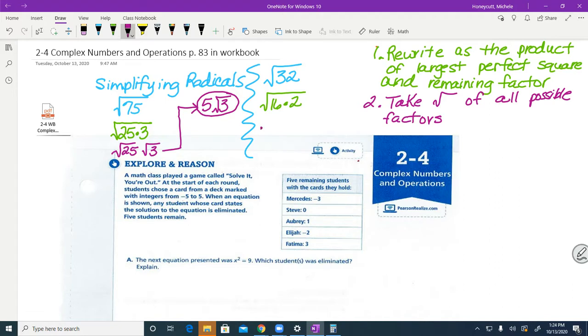So then I can take the square root of each factor: the square root of 16 times the square root of 2. The square root of 16 is 4, and the square root of 2 is irrational. So the square root of 32 simplifies to 4 square root of 2. Now keep that in mind, and then let's go to page 83 in your workbook.